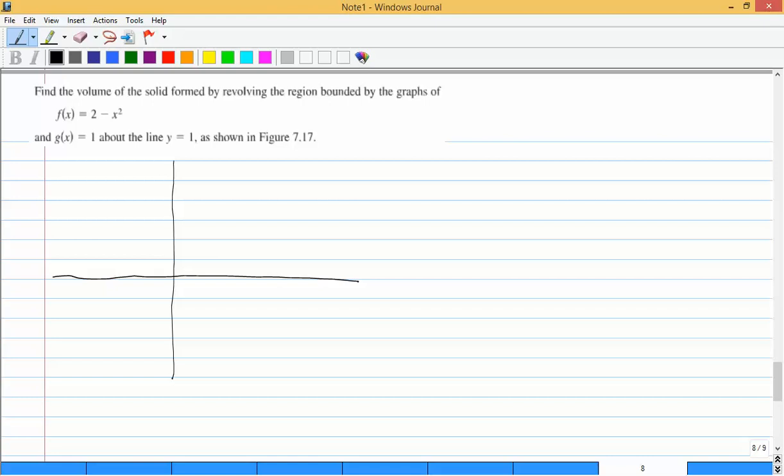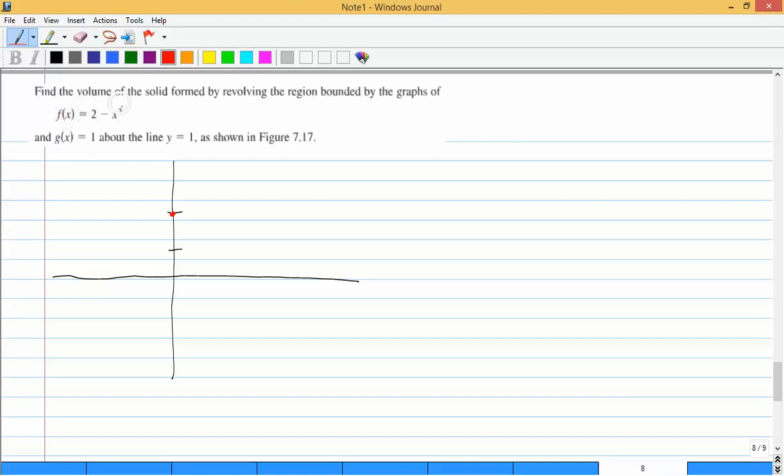So if I let x equal 0, y equals what? 2. So we know this graph is going to cross here at y equals 2. Now, how do I find the x-intercepts?